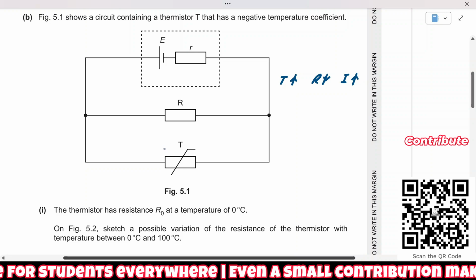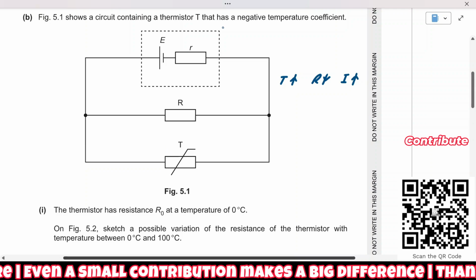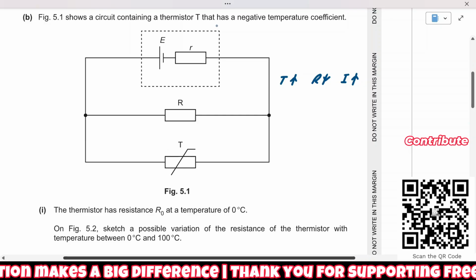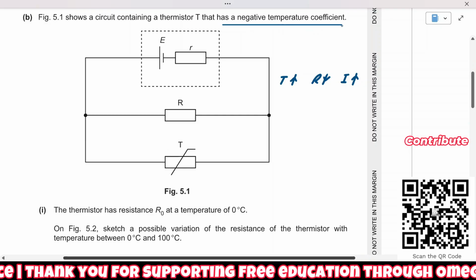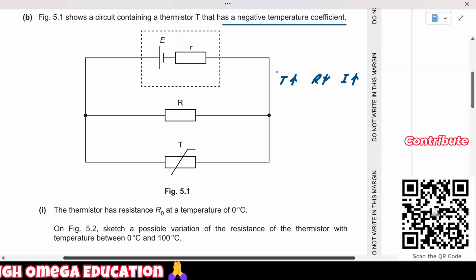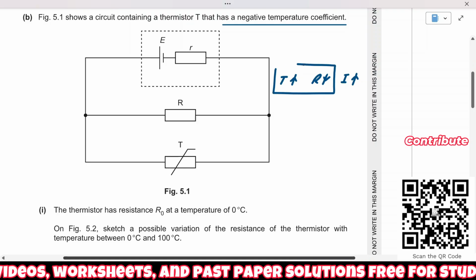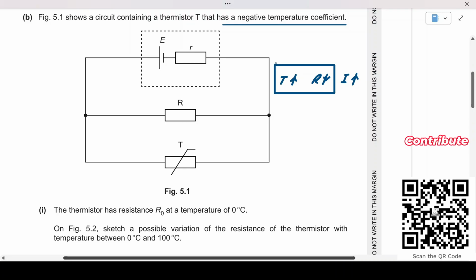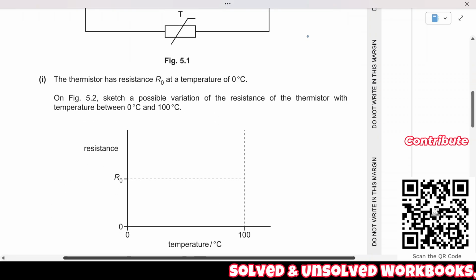Its resistance can be changed. It has a negative temperature coefficient. What do we mean by this? The same thing: if you increase the temperature, the resistance has a negative effect. Increasing the temperature would decrease the resistance. That's why we say that it has a negative temperature coefficient.